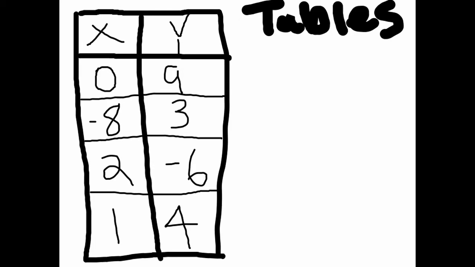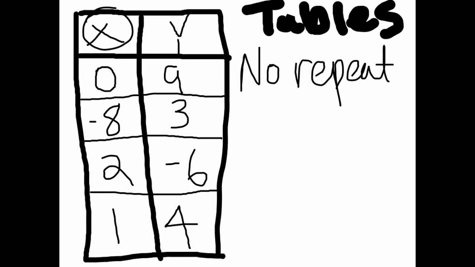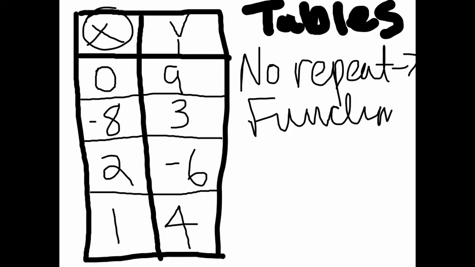So pretty much all I have to do with this table is look at it and see if any of my x values repeat. If none of them repeat, the table is a function. Let's go ahead and write that on our notes page. If there's no repeat, it's a function. If the x values do repeat, then that means that the table is not a function.